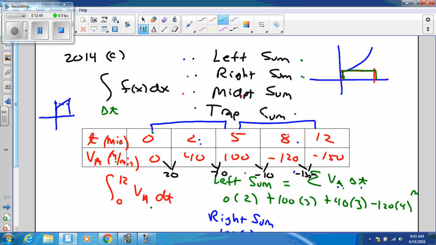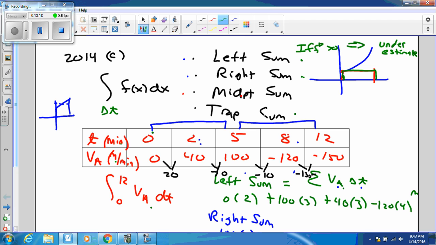Because an increasing function will always have my left sum be the minimum value, which means that the left sum is the lower sum, which is always guaranteed to be the smallest possible Riemann sum. If f prime is positive, then the left sum is an underestimate.